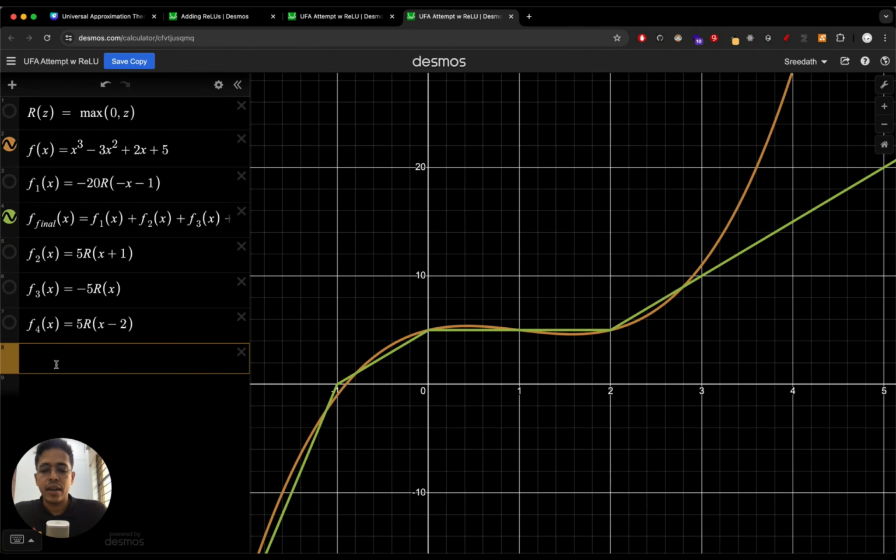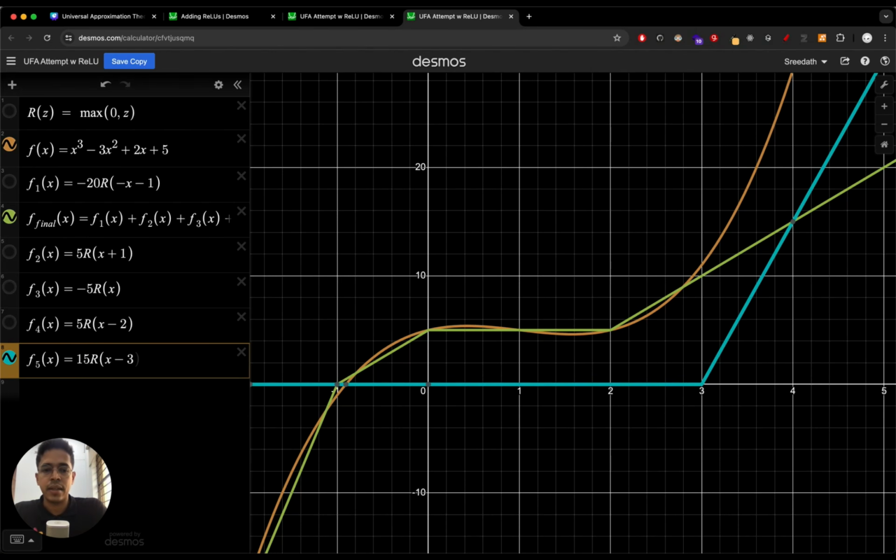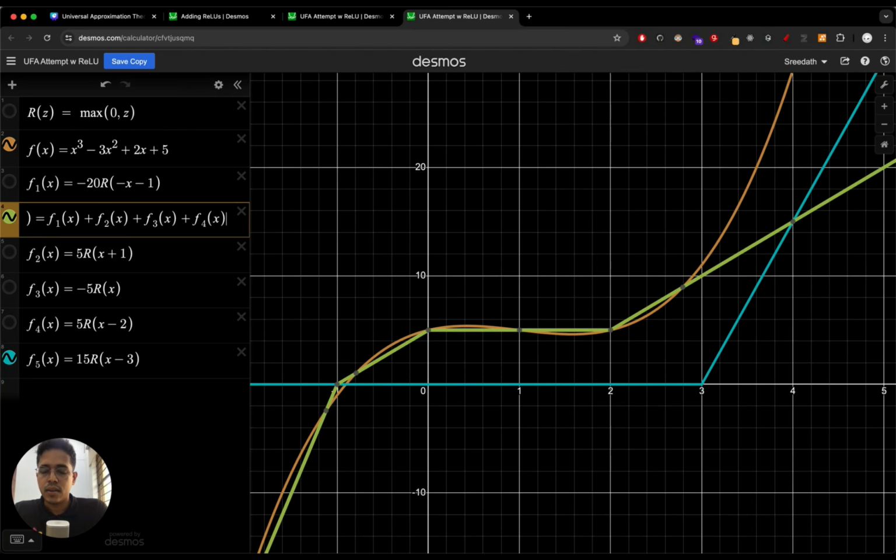So if I add a new function called f5 of x, with slope 15 times ReLU of, and where is the transition point? Transition point is at x equal to 3. So this will be x minus 3. Then I add f5 over here, so plus f5 of x.